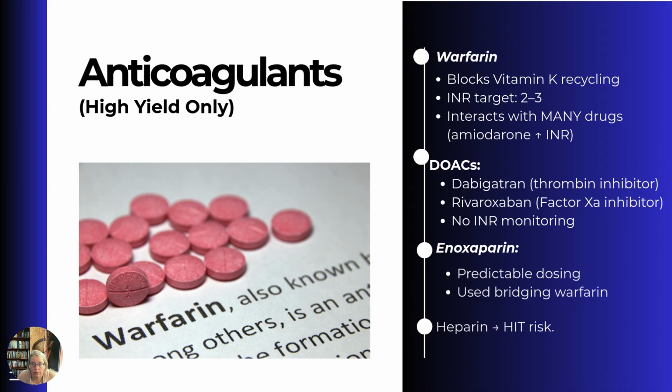And then we have heparin. Heparin is mostly used in the hospital. And there's a risk of this HIT problem, which is the extreme immune reaction where heparin causes platelets to drop but clotting to rise.